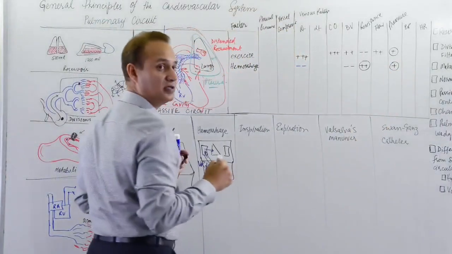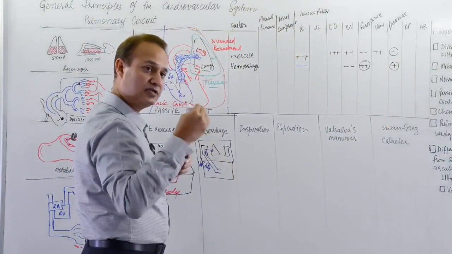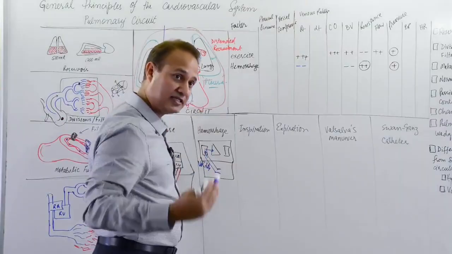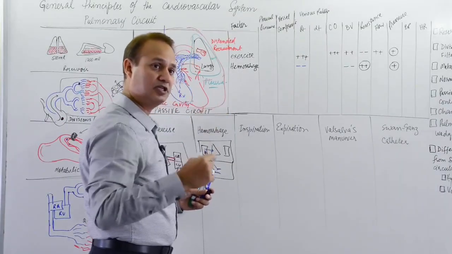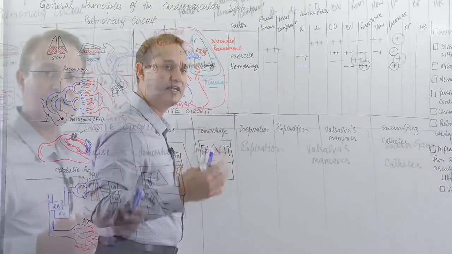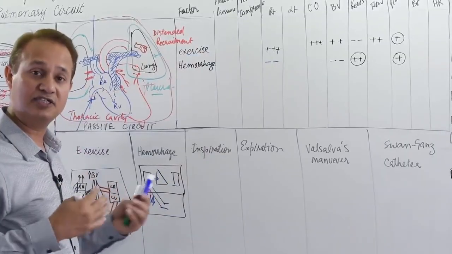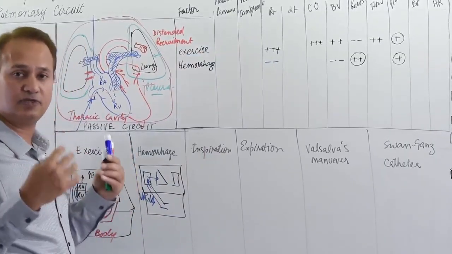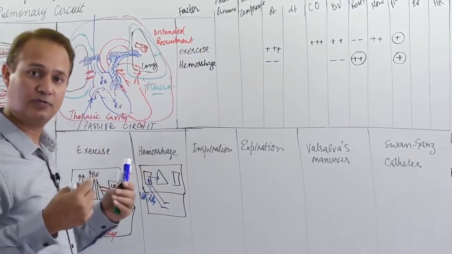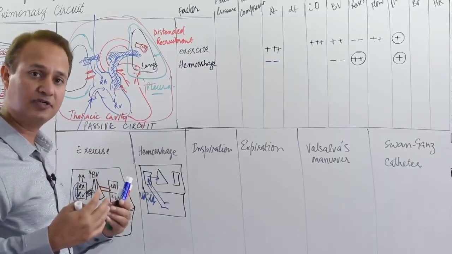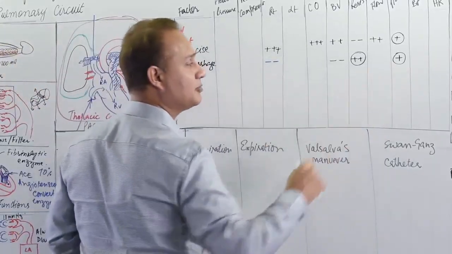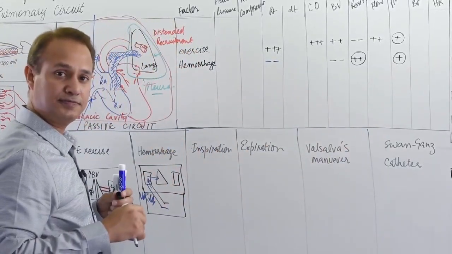Not too much. Once again, hemorrhage is causing pressure loss in the rest of the body, but pulmonary pressure is still being maintained. Why are we maintaining it? Because we want gaseous exchange to continue as reliably as possible and as long as possible, even when a person is hemorrhaging. So the pressure in the pulmonary system is still not down.